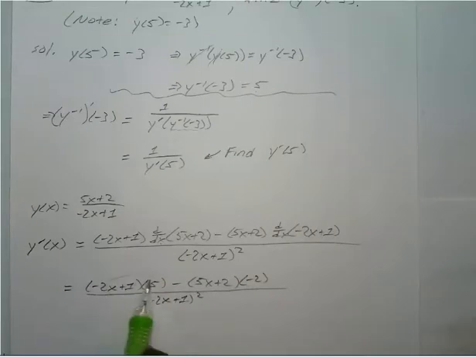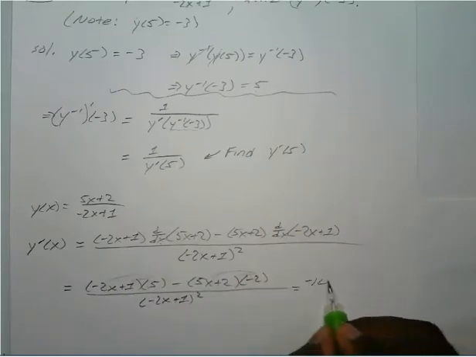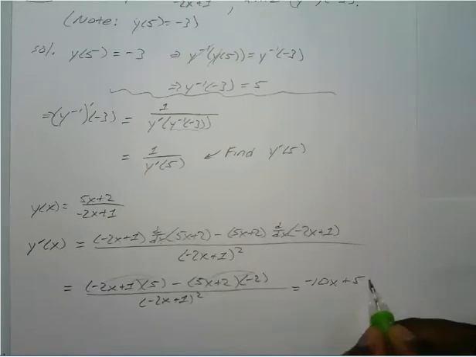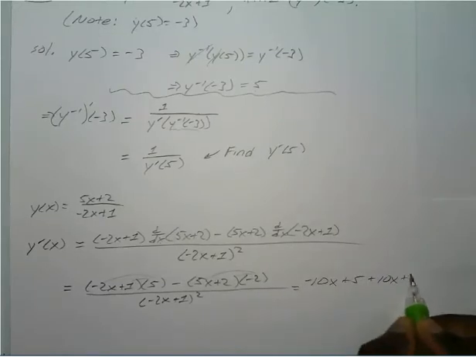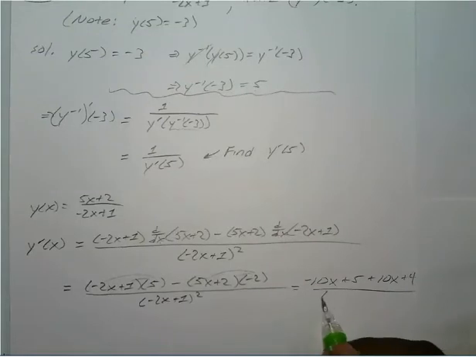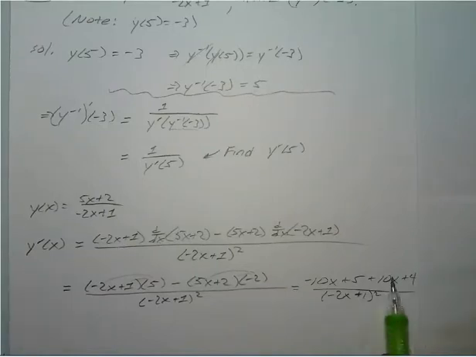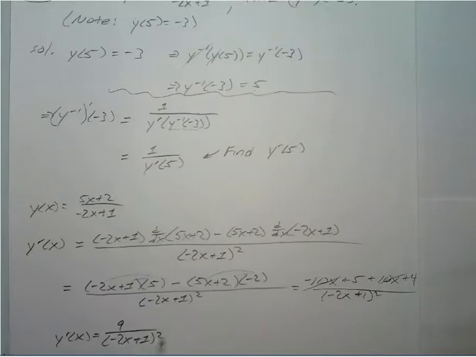So if we distribute that 5 and distribute that negative 2, we will end up with negative 10x plus 5 plus 10x plus 4 all over negative 2x plus 1 squared, where these two cancel each other out. So that leaves us with our derivative of 5 plus 4, which is 9, over negative 2x plus 1 squared.